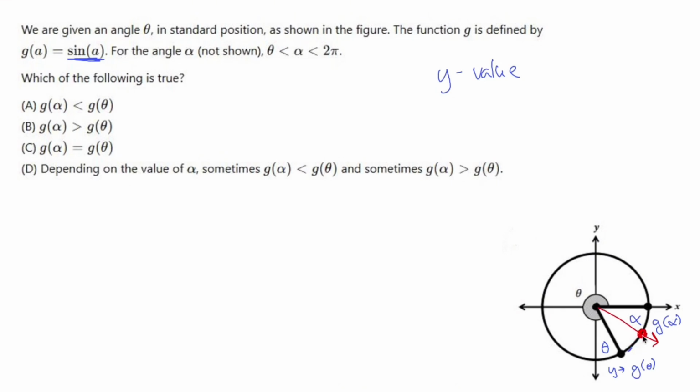So what this is basically saying is I could put g of alpha anywhere in this interval, but no matter where I put it, it's going to be above g of theta. So no matter what happens, since sine is y, g of alpha is going to be higher than g of theta, which means g of alpha is greater than g of theta.